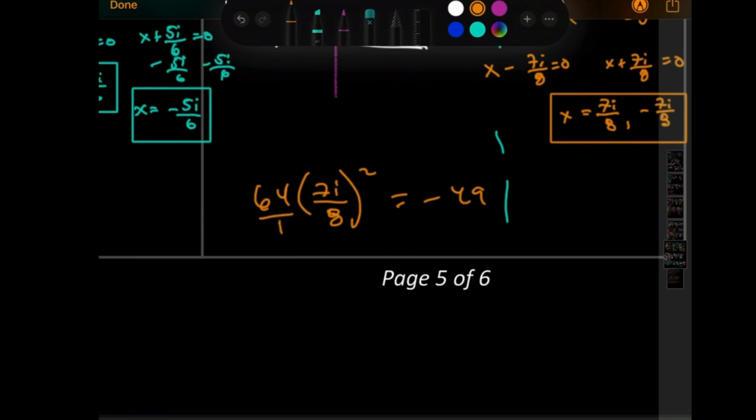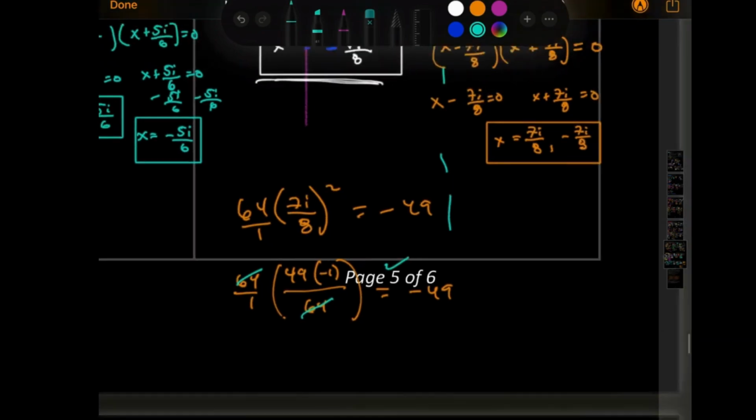And 64 over 1, 7 squared is 49, i squared is negative 1. And this is 64. So 64 divided by 64 is 1, so you multiply that and get negative 49.